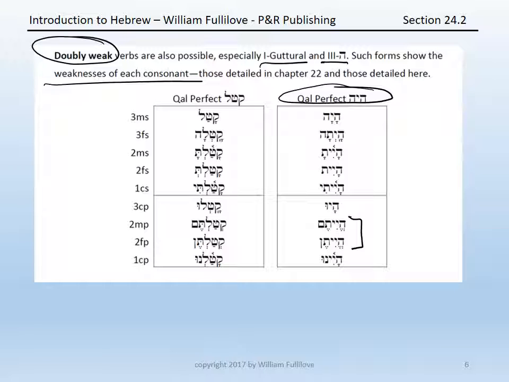As a third he, you have the typical behavior of a third he verb. The he is replaced by the mater in the third masculine singular form, becomes a tav in the third feminine singular form, and then becomes a hiriq yod mater in the second and first person forms. It disappears in the third common plural form and becomes again the hiriq yod in the second and first person forms.